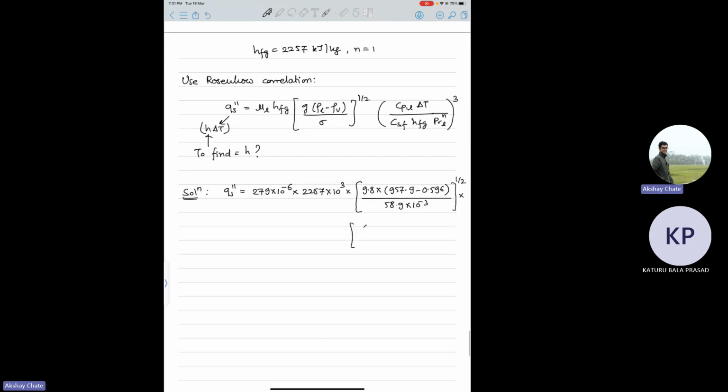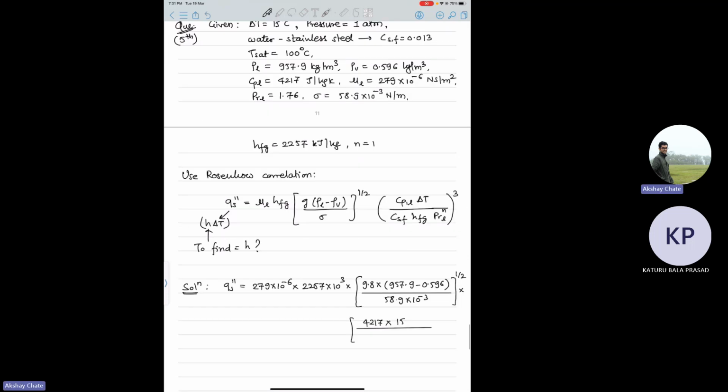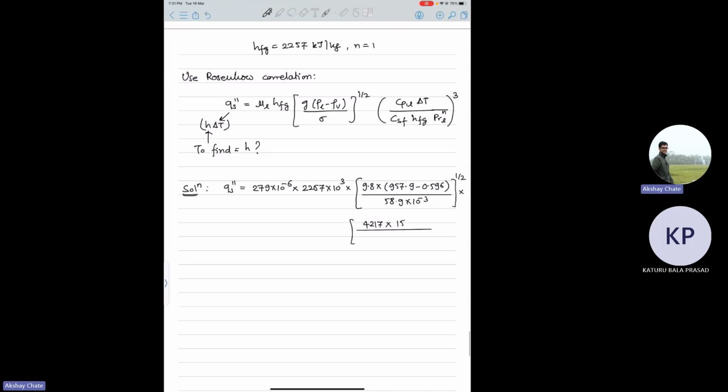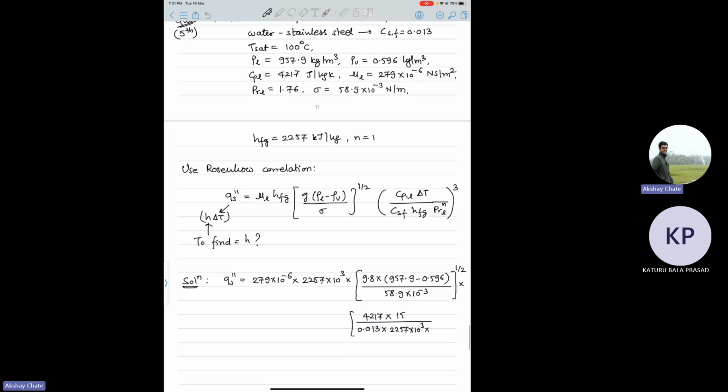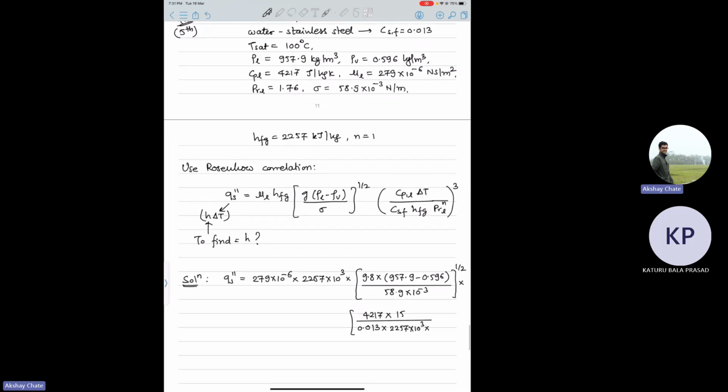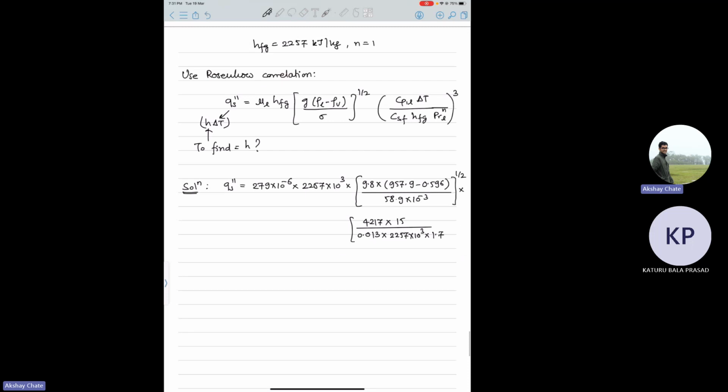CPL is 4217 into delta T is 15, divided by CSF is 0.013, HFG is 2257 into 10 to the power 3. Prandtl number is given as 1.76 raised to n. N is 1. So it is 1.76 only, whole raised to cube.